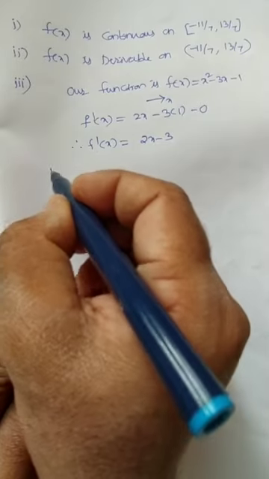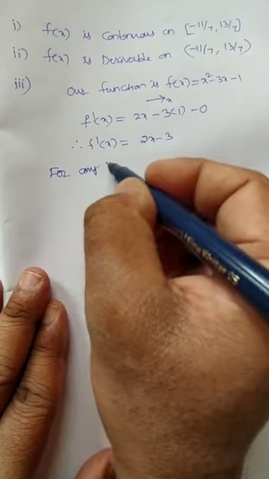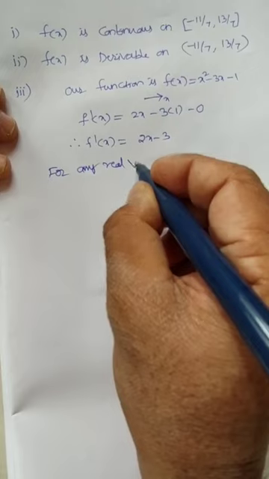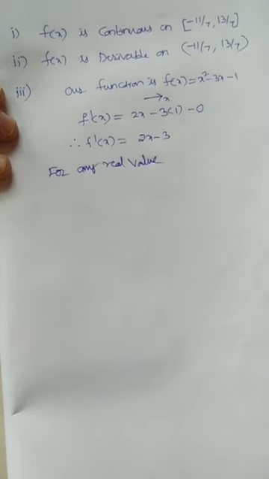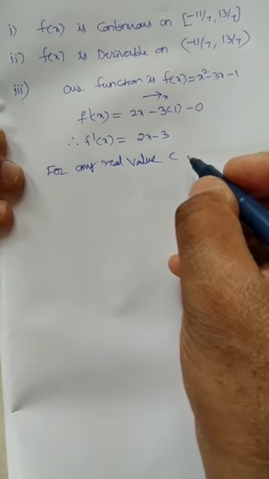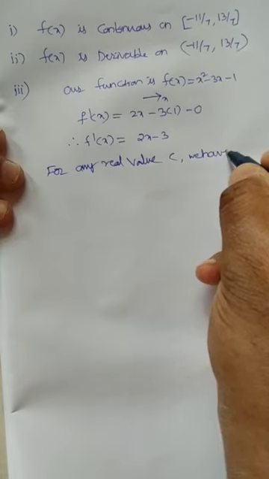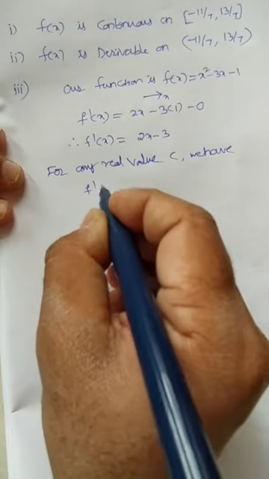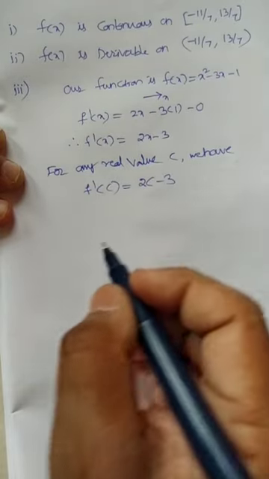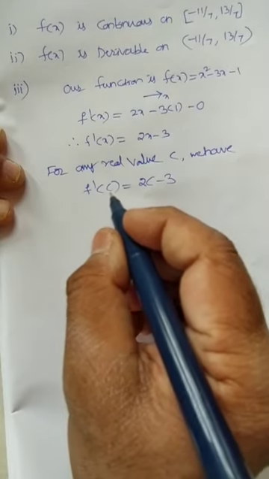Now we have to take any real value c. For any real value c for the given function, f dash of c value is 2c minus 3. Okay, now we have to equate this f dash of c to which function?